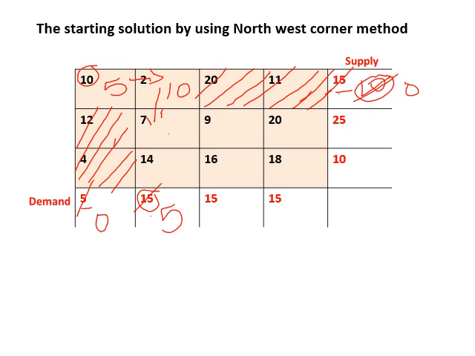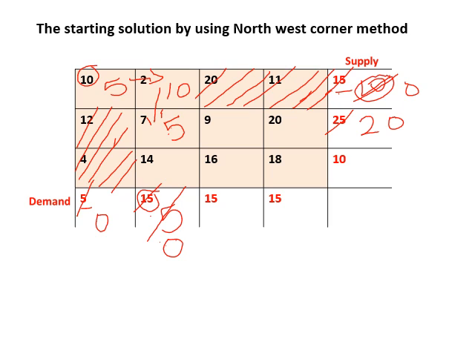When we are standing on this cell, we get the intersection of the demand and supply: demand equal to 5 and supply equal to 25. Again, we will take the least value. So we will take 5 here, and 5 from 5 in the demand will equal 0, and 25 will equal 20.